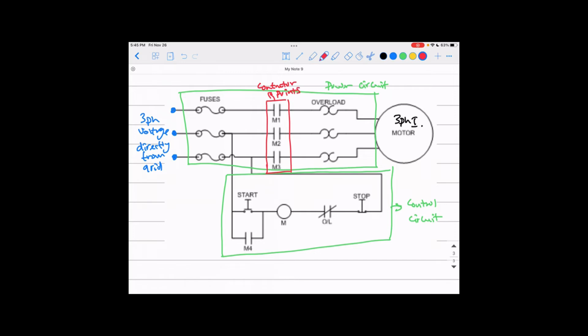What I mean by the contactor points, the contactor is basically some sort of a circuit breaker, which is basically a switch, okay?